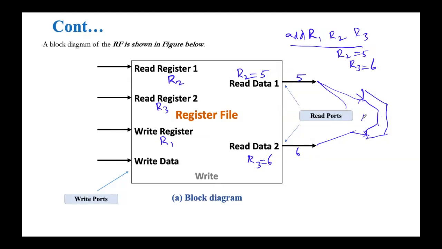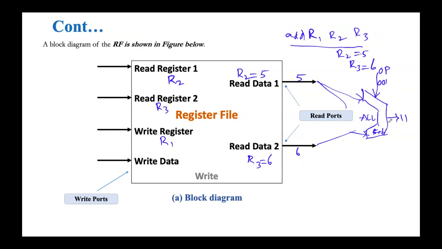The ALU will perform the addition operation. How does it know? The ALU gets the operation from the control line, which gives the instruction 0, 0, 1. Then on these operands it will perform 5 plus 6, the addition operation, and the result is 11.